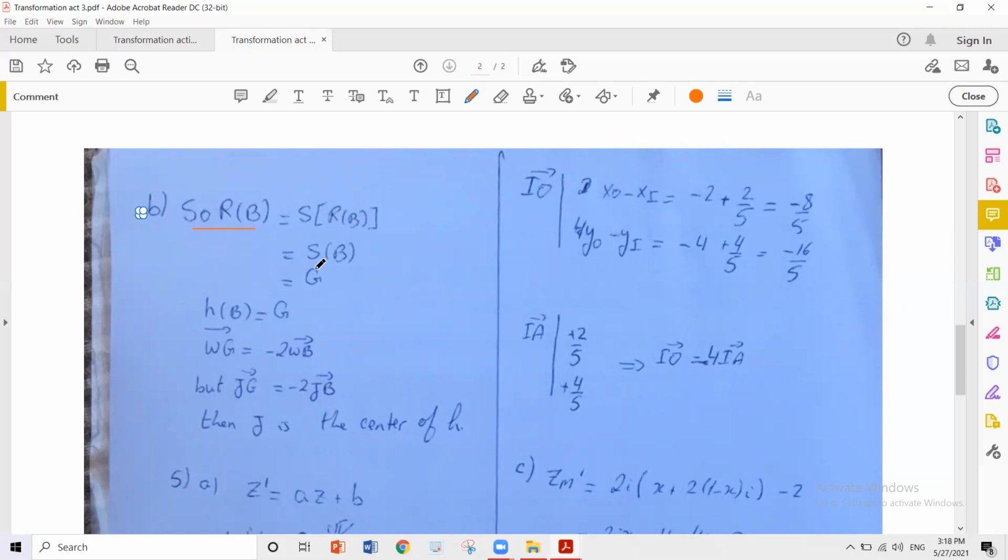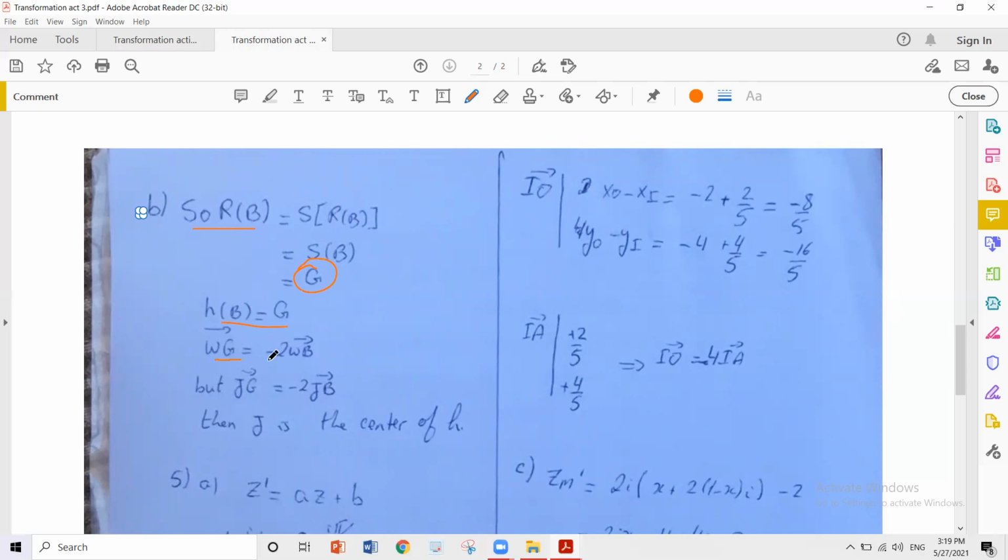And S of B, we proved, is equal to G. So S round R, which is H, of B equals G.